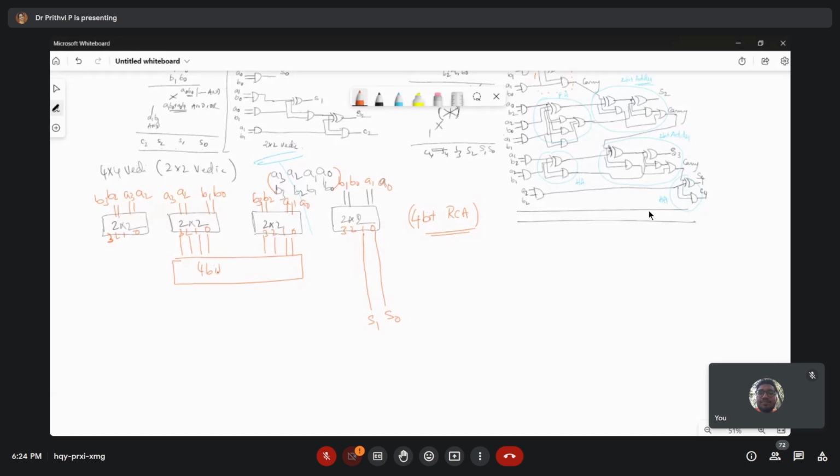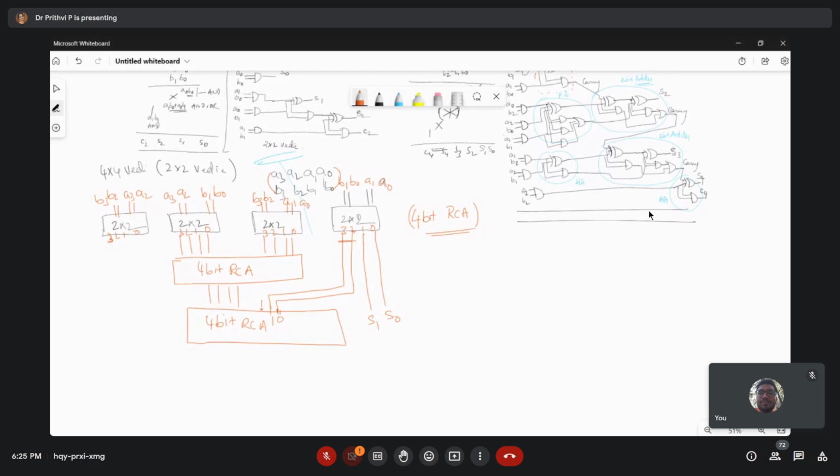As simple as this, you're taking the complete addition on these 4 bits using one set of ripple carry adder. Now this will give you 4 outputs, and that will be taken along with the previous stage MSB bits, 2 MSB bits, and this is given to one more 4-bit ripple carry adder. And here, see, this one 0 1, that means the lowest bits will be taken as the previous MSB bits.